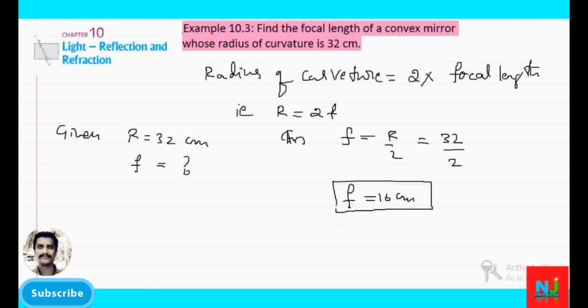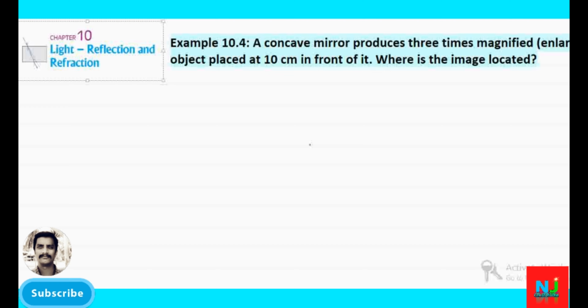This is the focal length of the convex mirror. In the case of the convex mirror, we measure the radius of curvature and the focal length in the direction of the incident light. Therefore it is always positive. It is a very simple problem. So example 3 is completed.